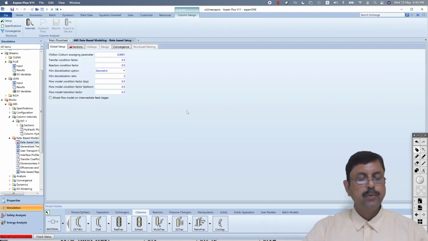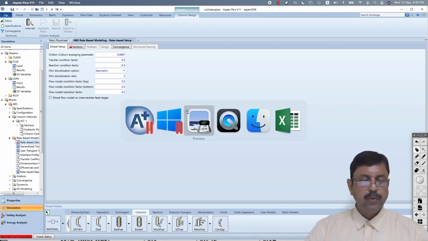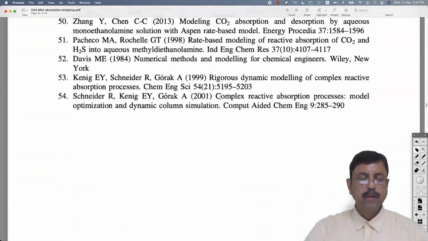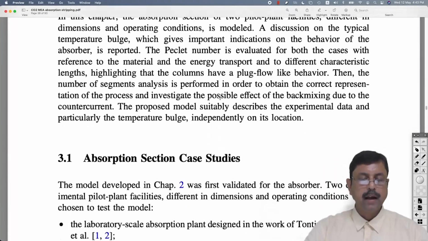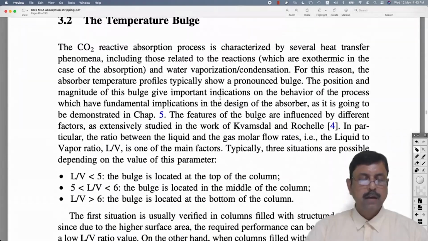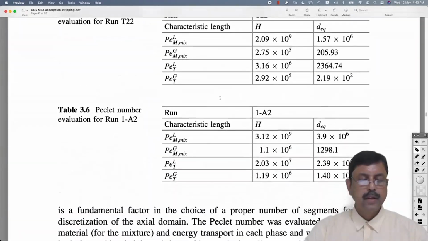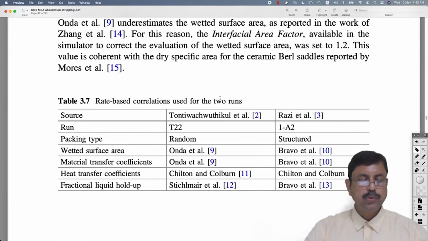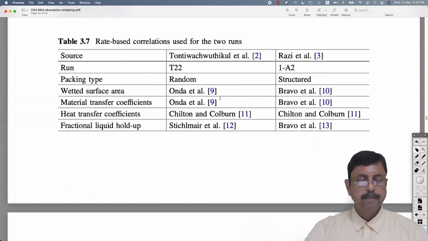Here we have to add in a few information. A few minutes back, I was discussing what they were asking for. They have given some information about how to choose the rate-based correlations.